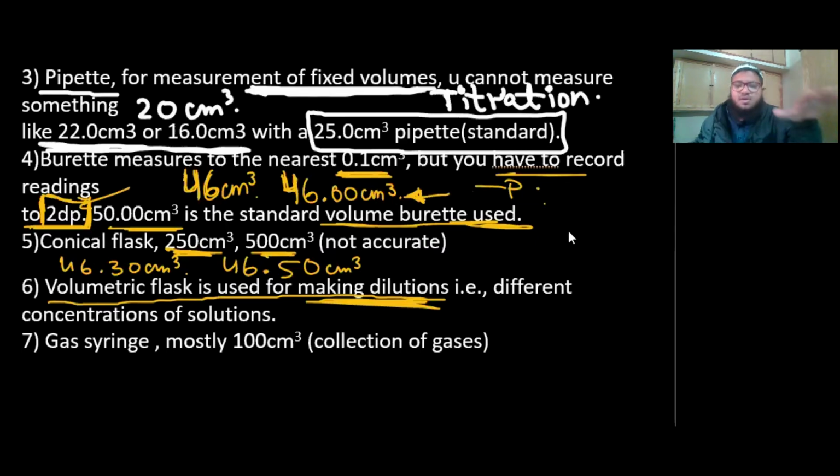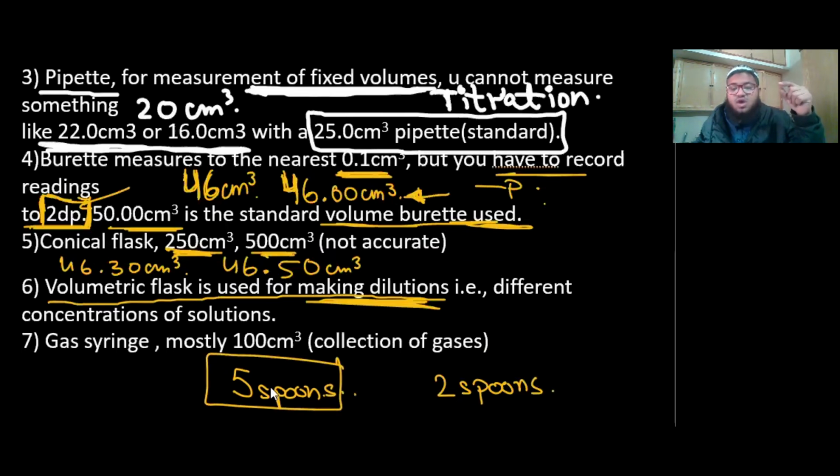Just remember that you have a glass in which water is filled, and you have 5 spoons of sodium chloride or salt in it, and you have another glass with the same volume of water, and you add 2 spoons of sodium chloride to it. So which one will have a greater concentration? It's the 5 spoons one. It will have a greater concentration compared to the 2 spoons one.